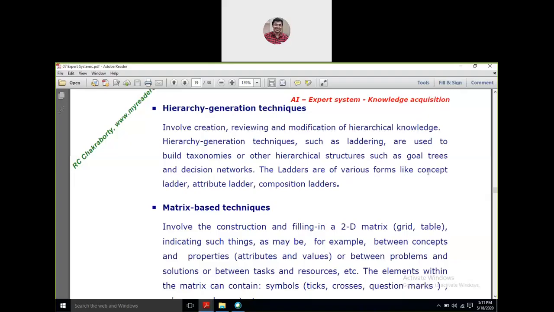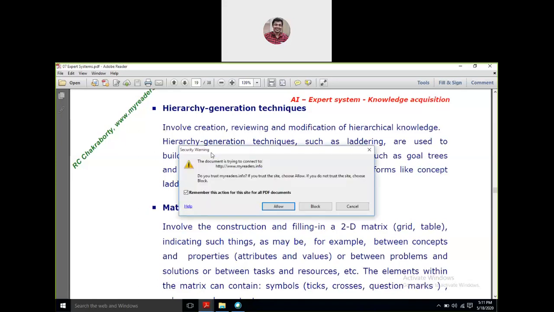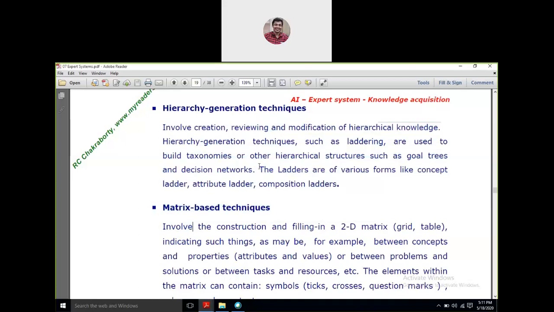Generally, the knowledge that is acquired under this head is organized on the basis of concept ladders, attribute ladders, or composition ladders. I'll just hold on for a few seconds here, and we'll go for another piece of information.